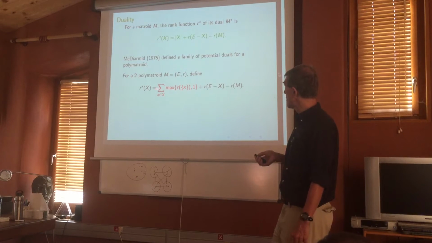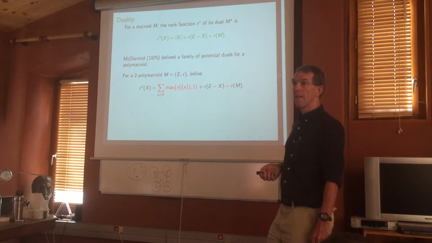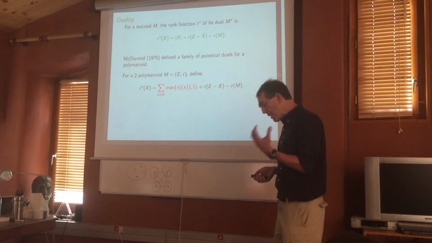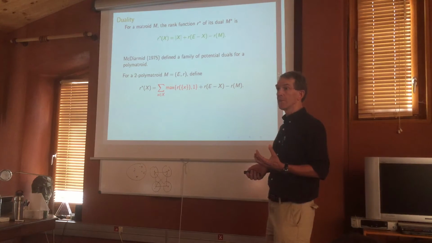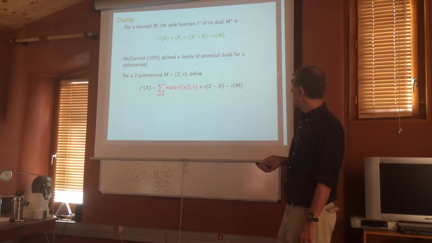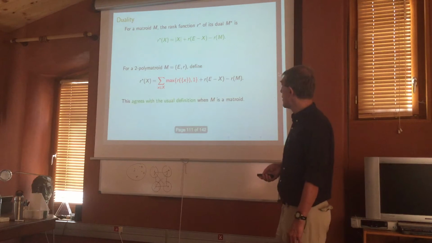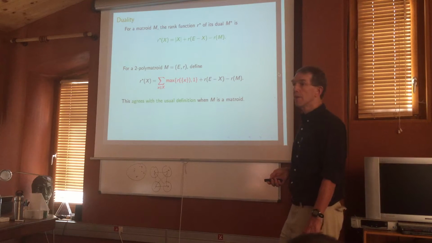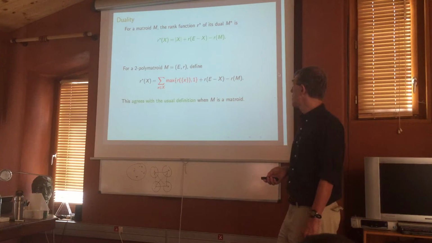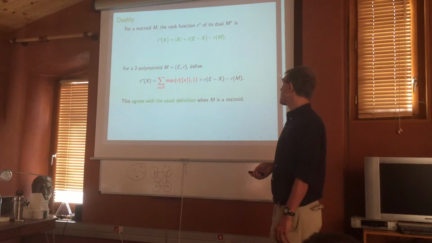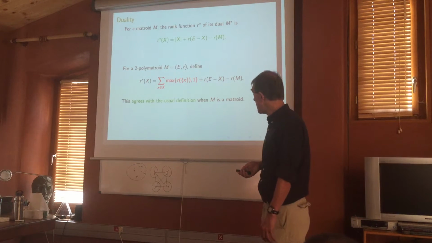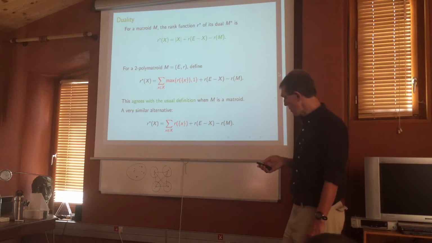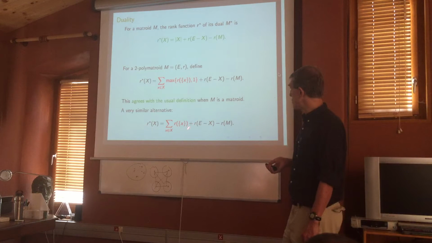This is the contentious term here, and it really comes down to what you do for elements of rank 0. If you define it in this way, this agrees with the usual definition of duality for matroids. But if you're interested in the connectivity function, this is the version that is favoured.